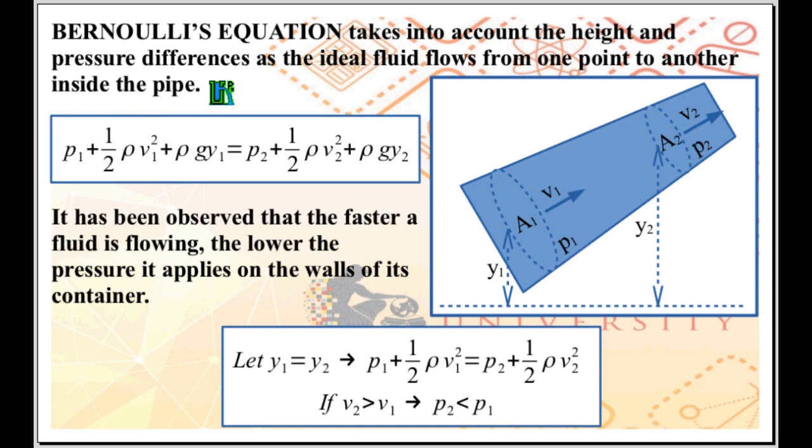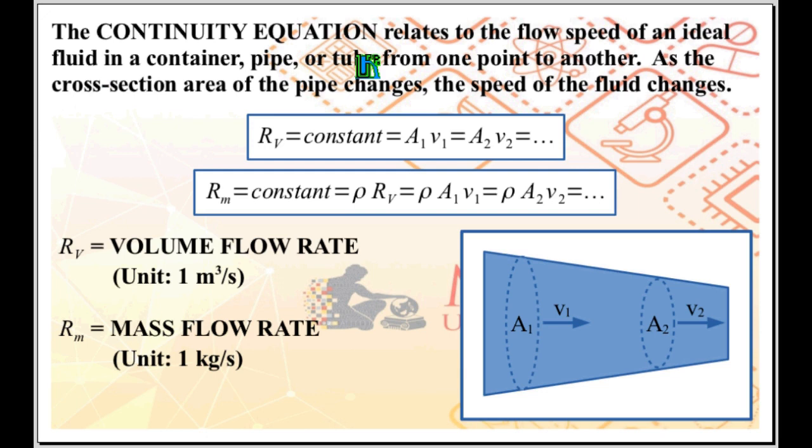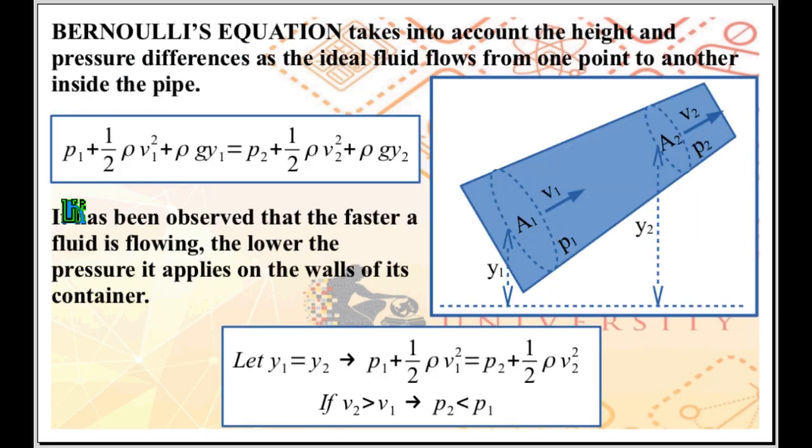So we have Bernoulli's equation and continuity equation for the ideal fluid flow. Some problems only require you to use continuity equation. Some problems require you to use Bernoulli's equation. And then some problems will require you to use both the continuity equation and Bernoulli's equation. So please take note of that.